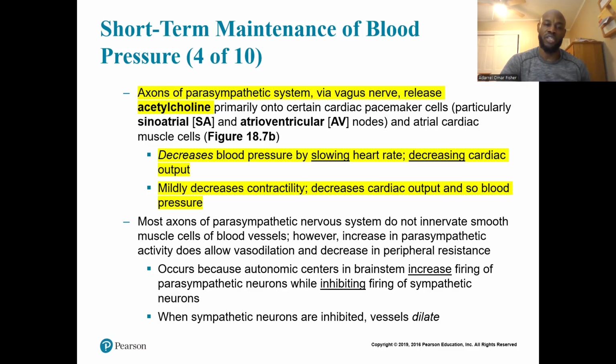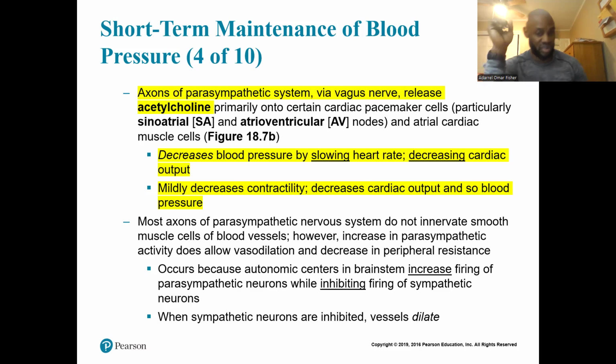Most axons of the parasympathetic nervous system do not innervate smooth muscle cells of the blood vessels, so it doesn't interact with the blood vessels like the sympathetic nervous system, but they can inhibit. What happens is that you inhibit the sympathetic neurons, and that causes the vessels to dilate.